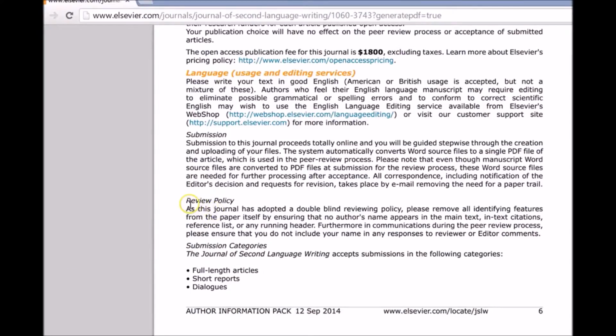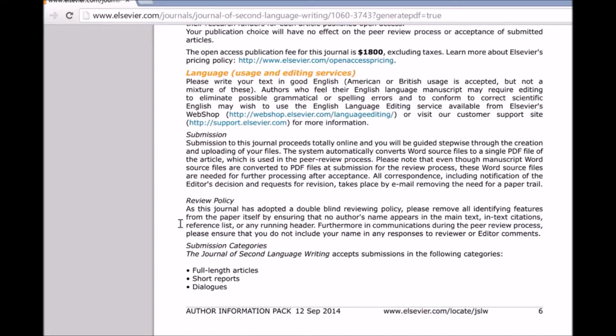It goes on down here to talk a little bit about the review policy. It's a double-blind review. It says, please remove all identifying features from the paper, ensuring that the author's name doesn't appear in the text or in the citations and reference lists. Now, sometimes authors slip up.